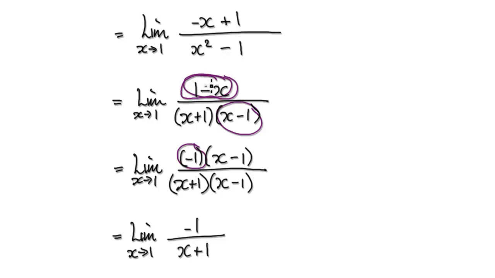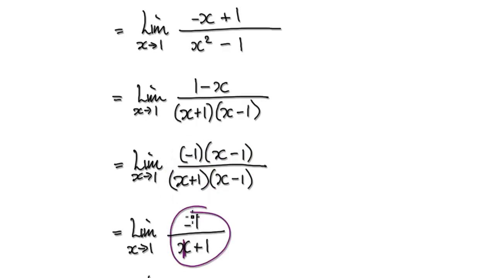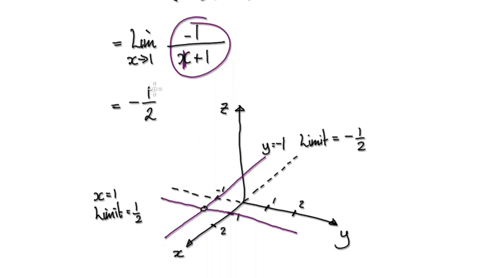So this thing here will then become this thing here. Now these two will cancel each other out, leaving you with this. So now as x heads towards +1, this will be -1/2. So along y equals -1, you've got your vertical sheet of paper here.